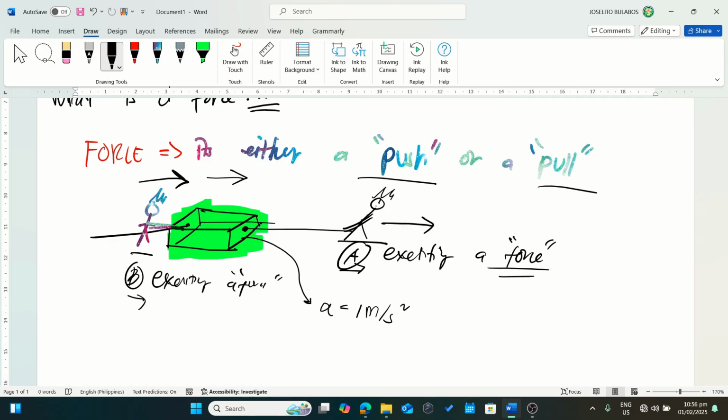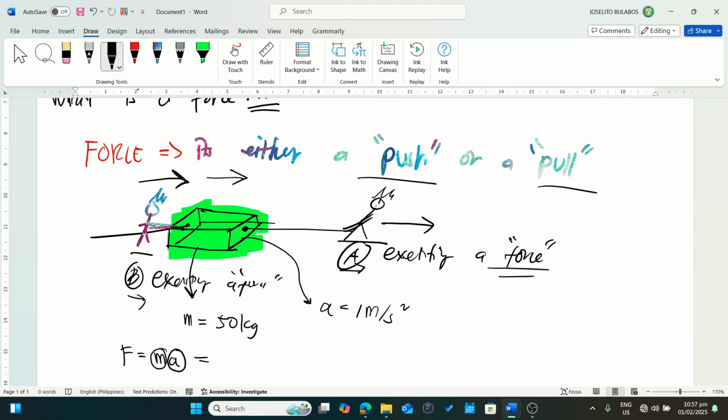Now, if the mass of the box is, let's say, 50 kilograms, find the force. The force here can be found using this equation. This is another definition for force. Force is mass times a: the mass of the object multiplied by the acceleration of the object.